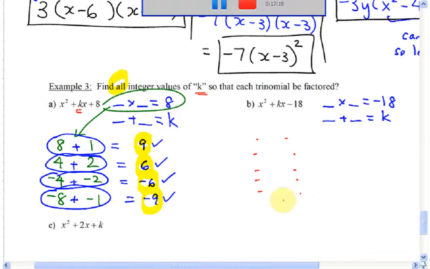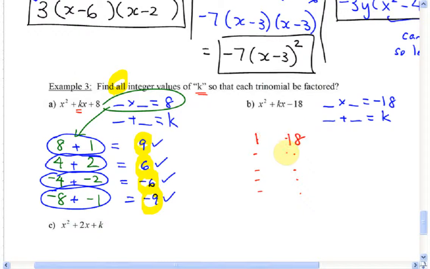Good luck. Try. These answers, I saw many of you have 1 and 18, but that's no good because 1 times 18 is positive 18. I want it to be negative. What can I do to make this negative? Negative 18 or what else? Or negative 1 and 18. Good. 2 possible ones.